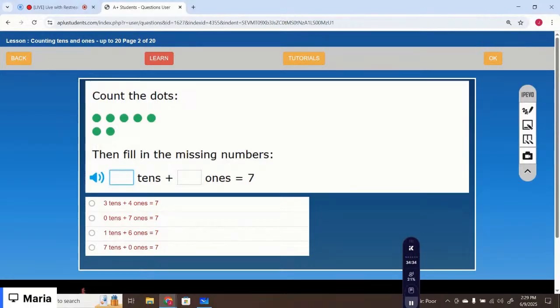Count the dots. There are seven dots, right? So we have zero tens and seven ones. Option number two is the correct option.